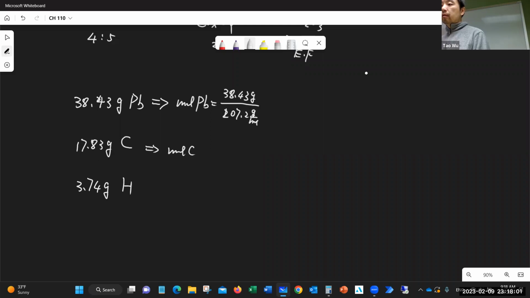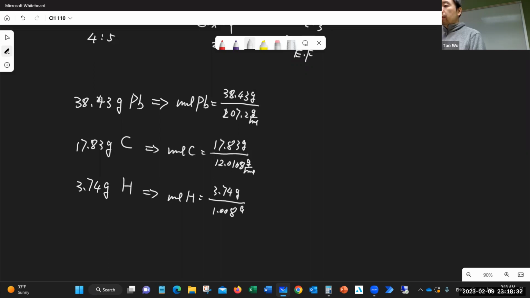Carbon: 17.83 gram divided by the molar mass of this, which is 12.0108. And mole of the hydrogen is just 3.74 gram divided by 1.008 gram per mole. So now we set those up, we just need to figure out the numbers.